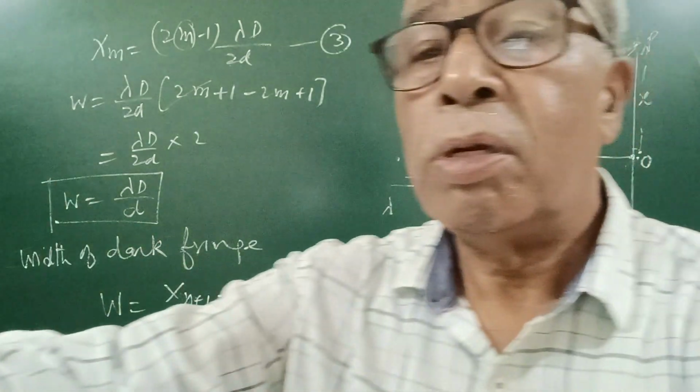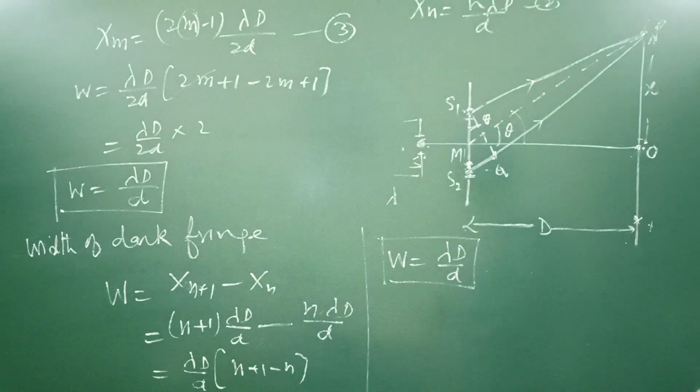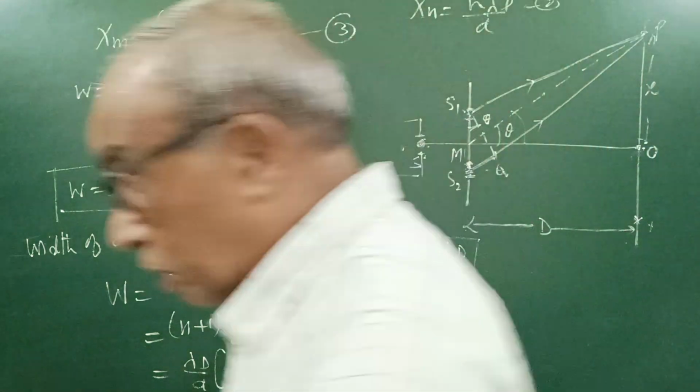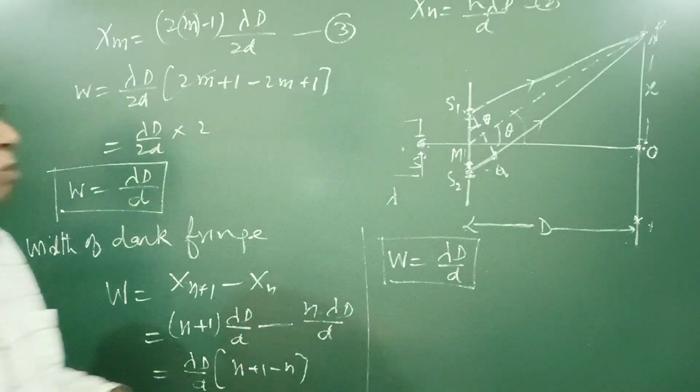The widths of dark and bright fringes are equal, and the width of a fringe also does not change with number. We get all fringes of equal width and equal intensity.